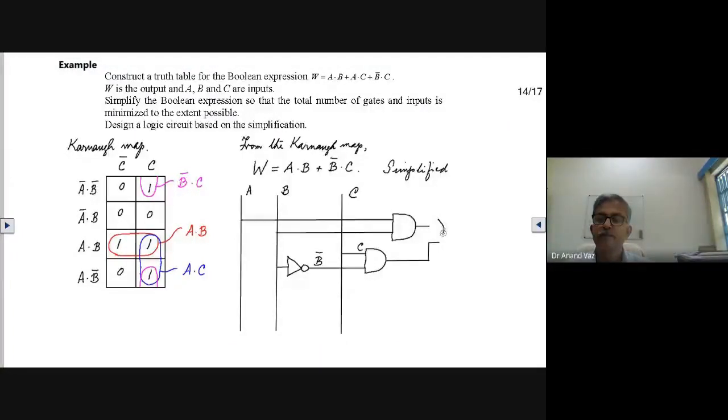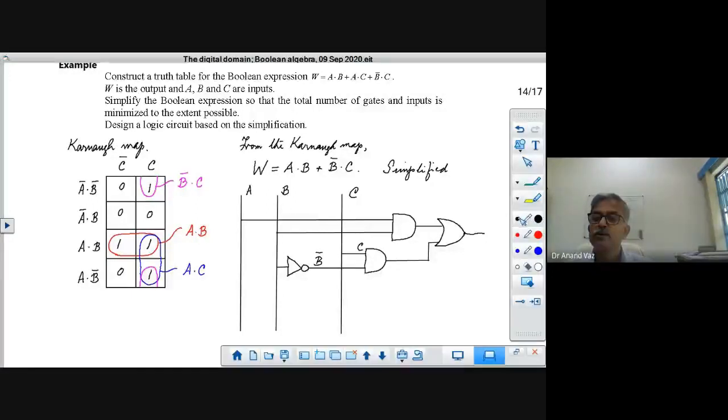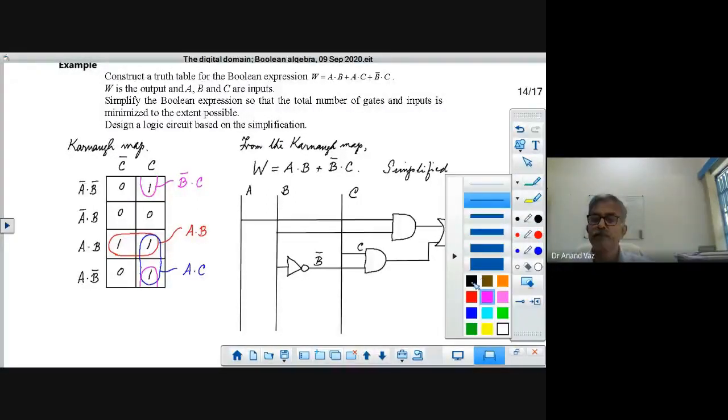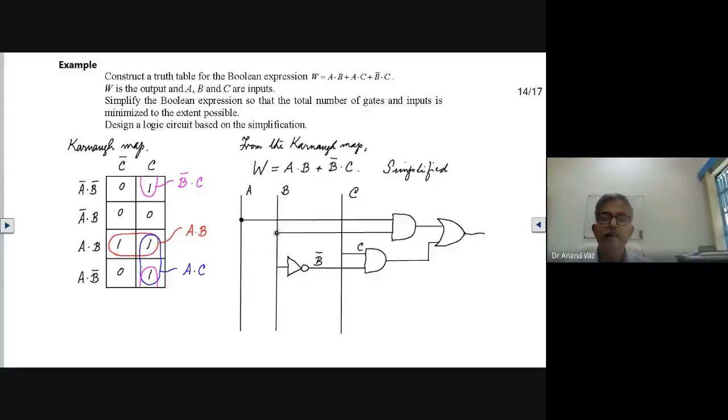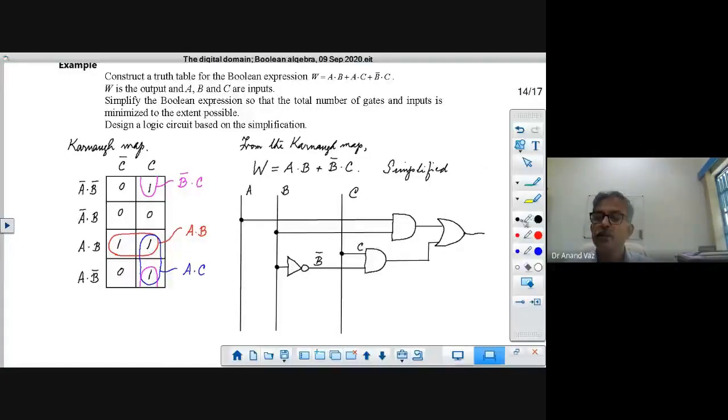So we'll have an OR gate here. We'll also place the dots appropriately, so here we have A and B. Here we have not B, so you're taking the signal from B, C. Okay, so this is your output.